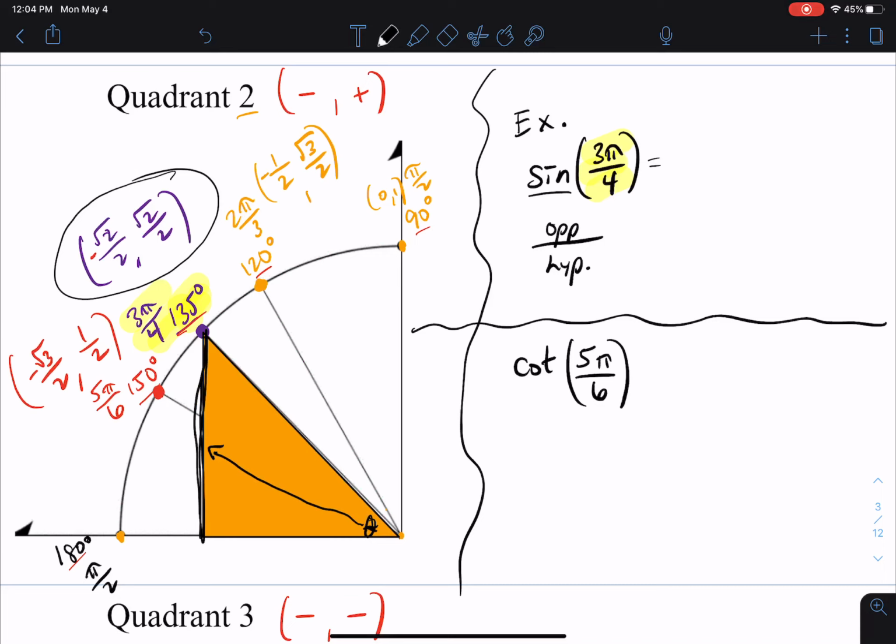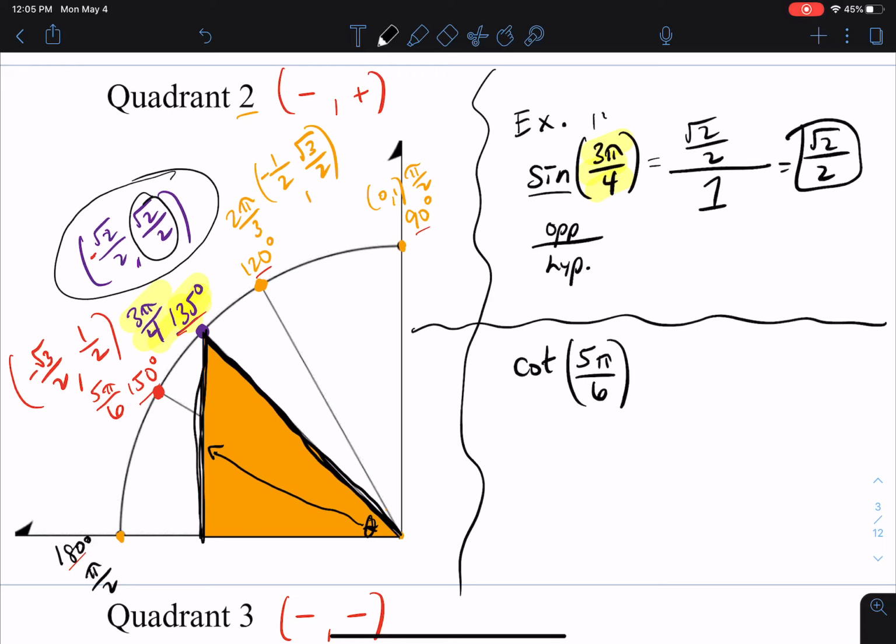That's the height. Well, the height is square root of 2 over 2, divided by the hypotenuse. The hypotenuse on the unit circle is always going to be the radius, which is always 1 on the unit circle. So anything divided by 1 stays the same. So sine of 3 pi over 4, or sine of 135, they mean the same thing, is going to be square root of 2 over 2.